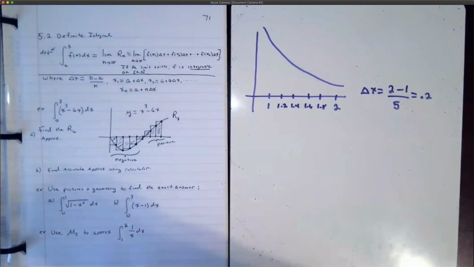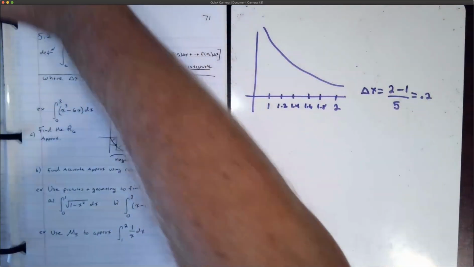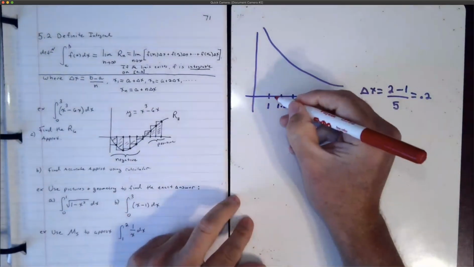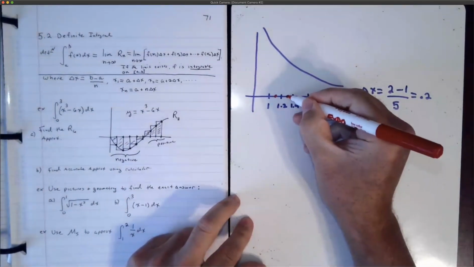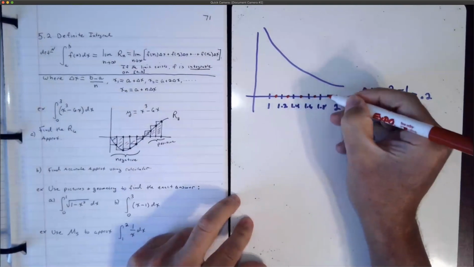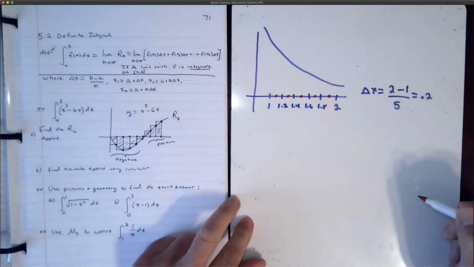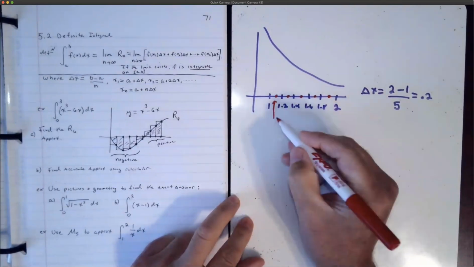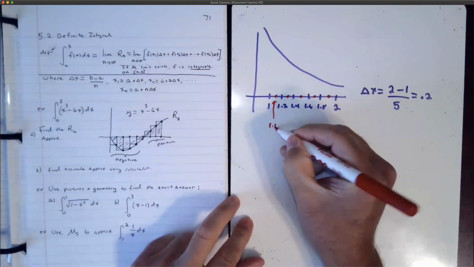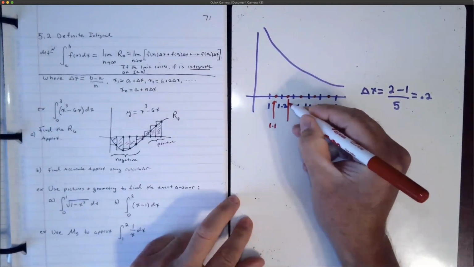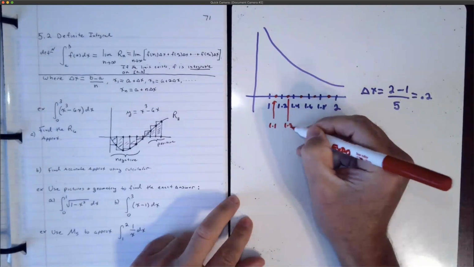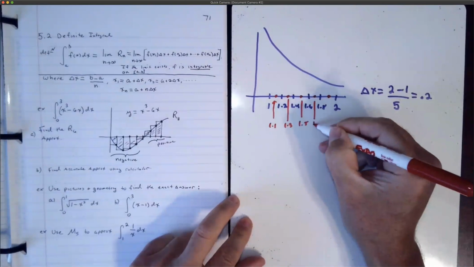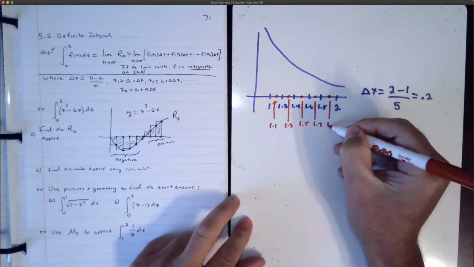Now, to do the midpoint approximation, what we would like is the midpoint of each of these subdivisions, these subintervals. So the midpoint of 1 and 1.2 is 1.1. 1.3, we just shift over by 0.2. 1.5, 1.7, 1.9.